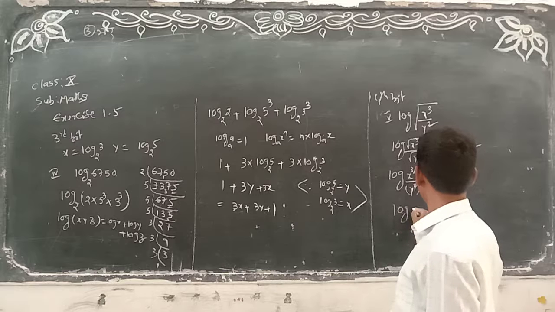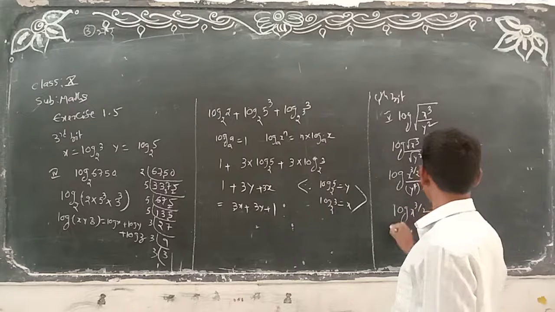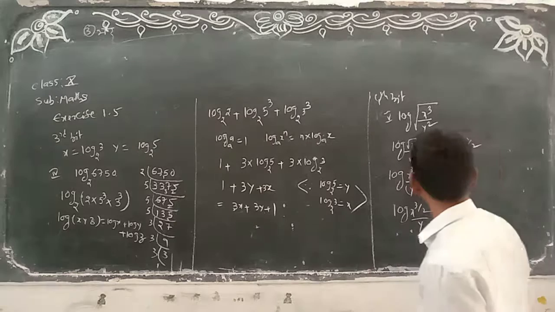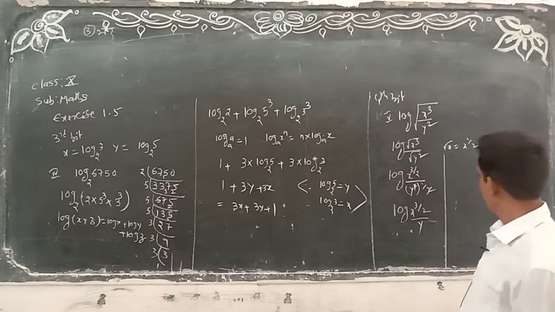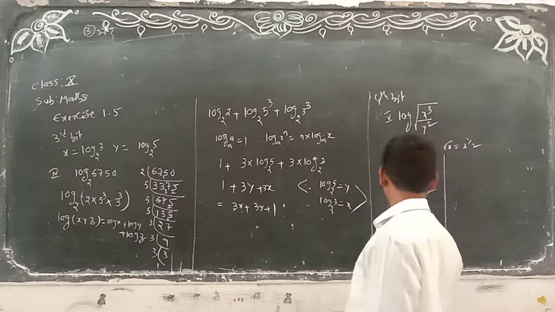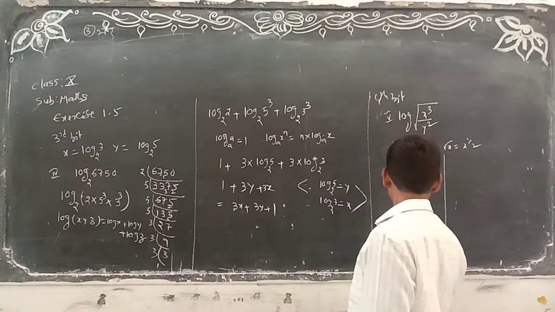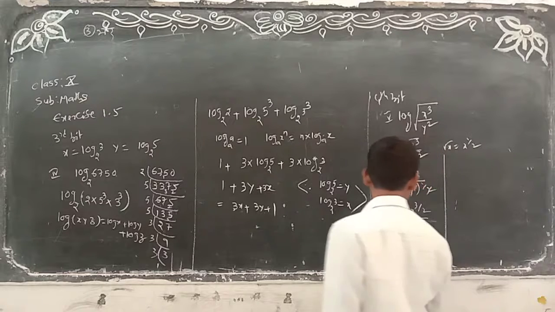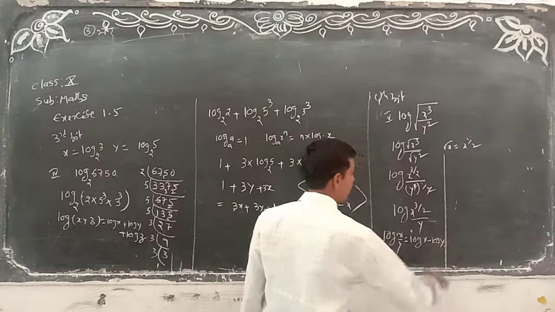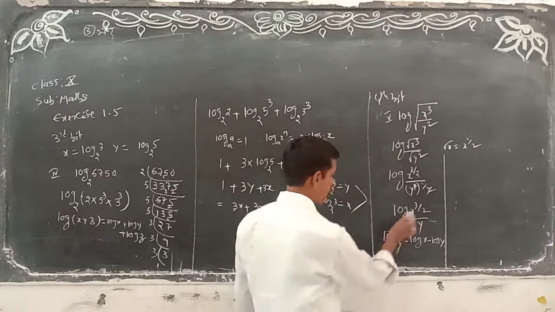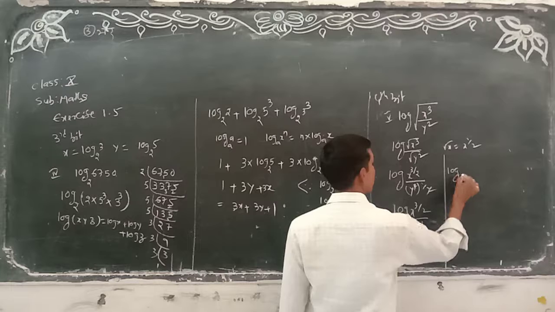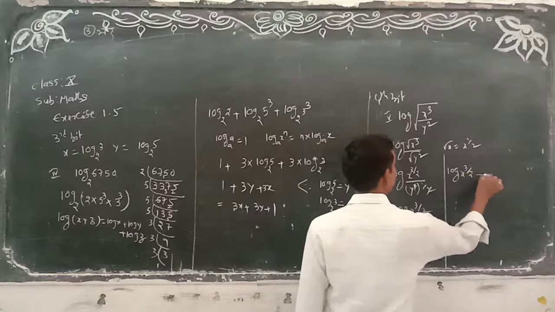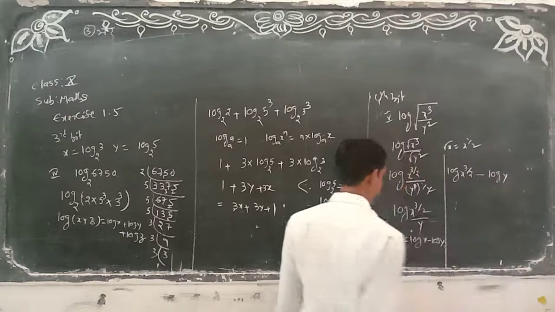Remaining: log x^(3/2) by y. Next, which is the formula for log x by y? Log x minus log y. Apply this: log x to the power of 3 by 2 minus log y.